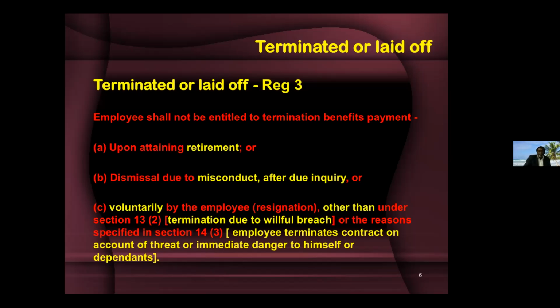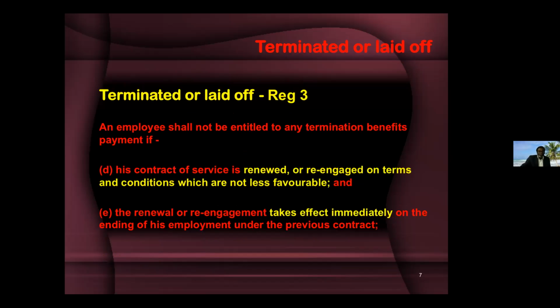Moving on, in another situation, we are still on Regulation 3, by the way. It is a very lengthy regulation. The employee shall not be entitled to any termination benefit if his contract of service is renewed or re-engaged on terms and conditions which are not less favorable.